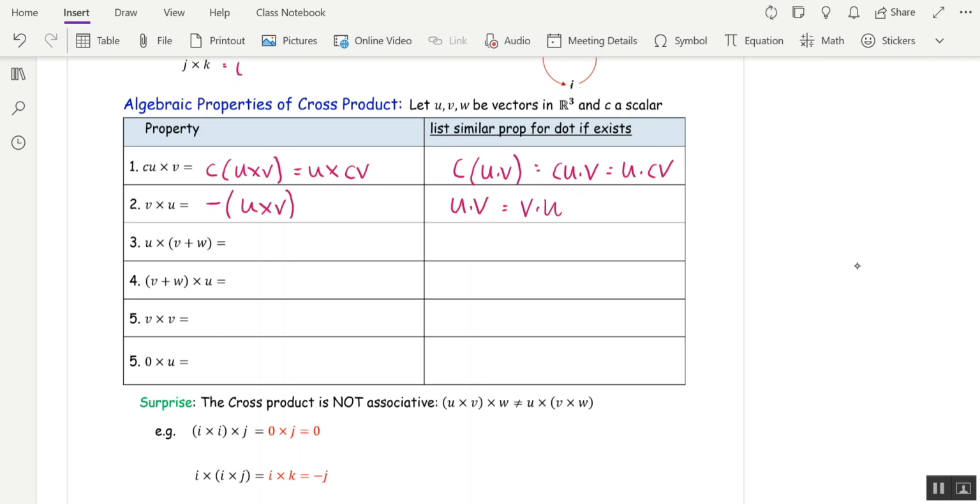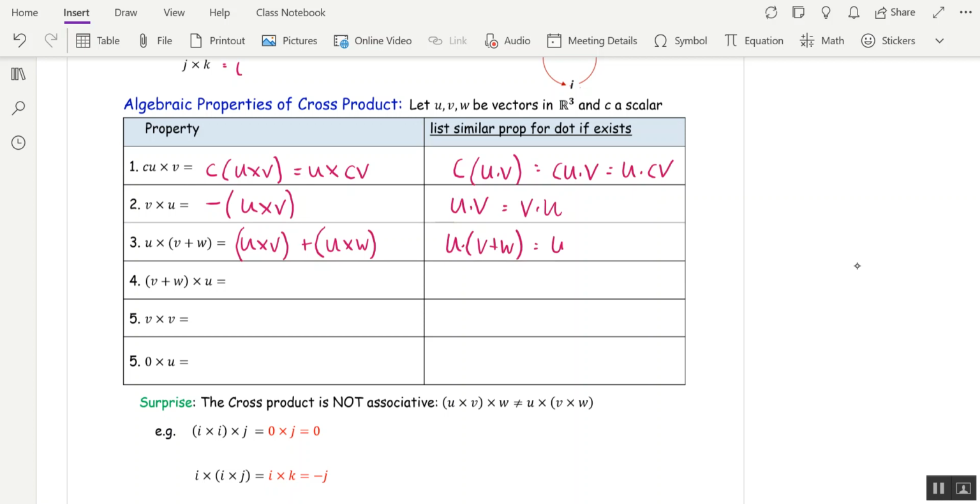All right, there's a distributive property. This is U cross V plus U cross W. We have the same property for dot.